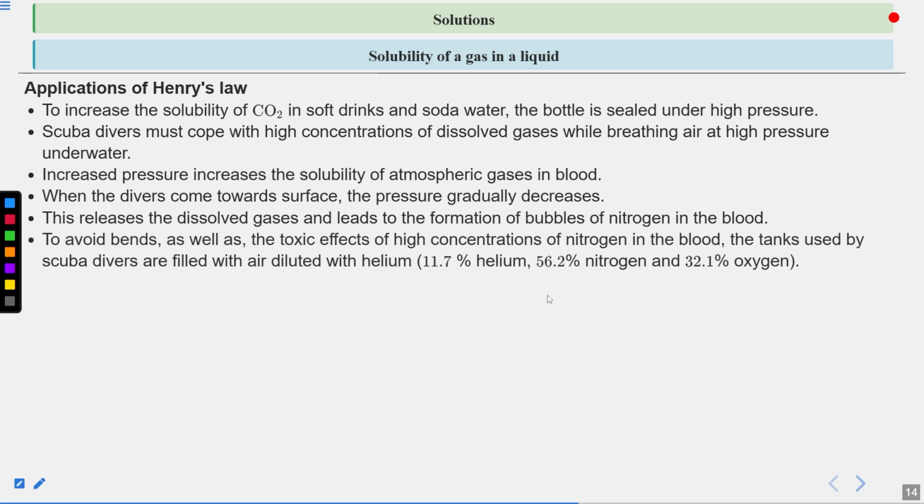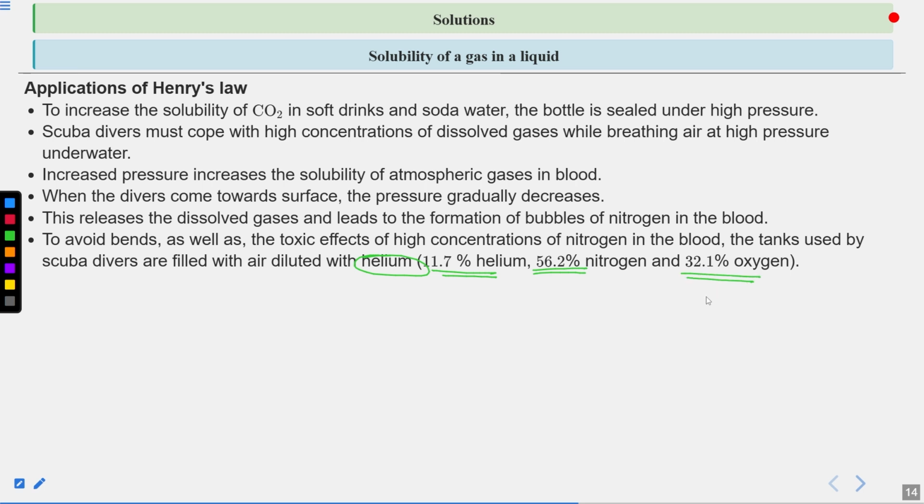To avoid such bends and the toxic effect of high concentrations of nitrogen, the tank they are using contains air with diluted helium, where we have 11.7% helium, 56.2% nitrogen and 32.1% oxygen.